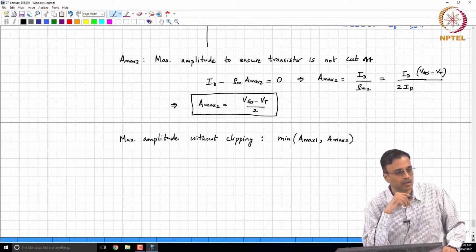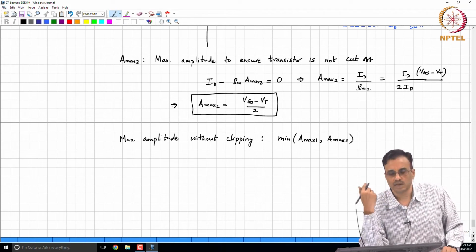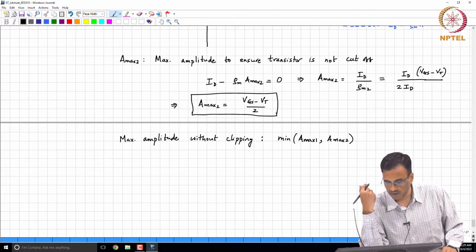Okay. So, we have discussed this principle, therefore we have discussed the swing limits for a simple single transistor circuit.